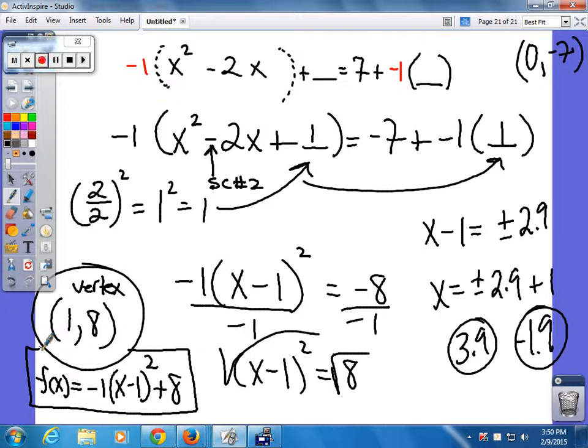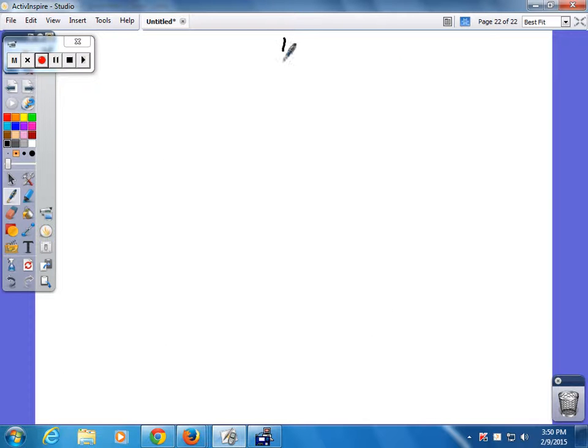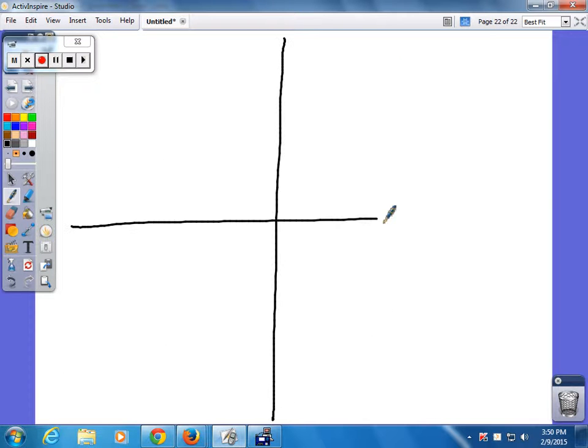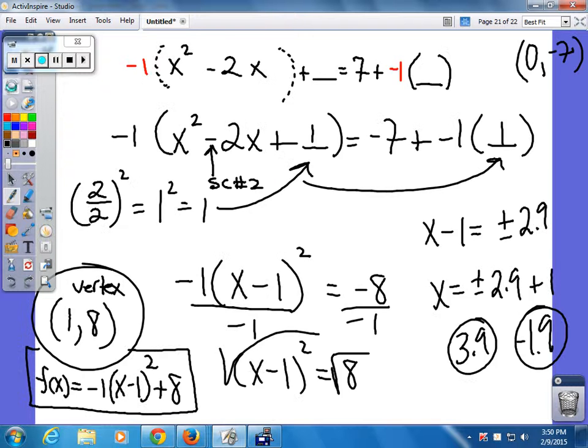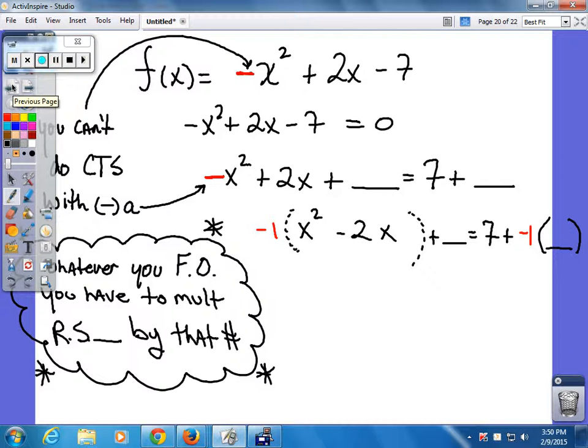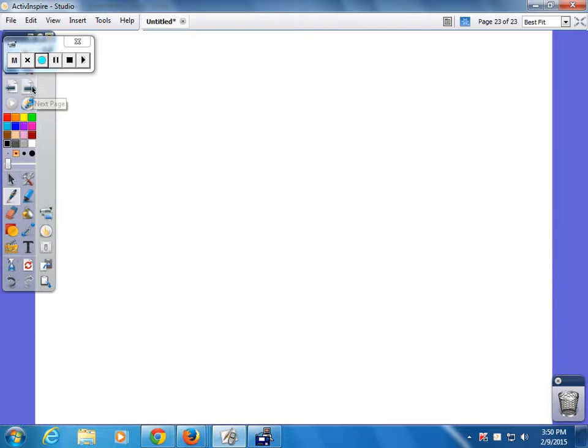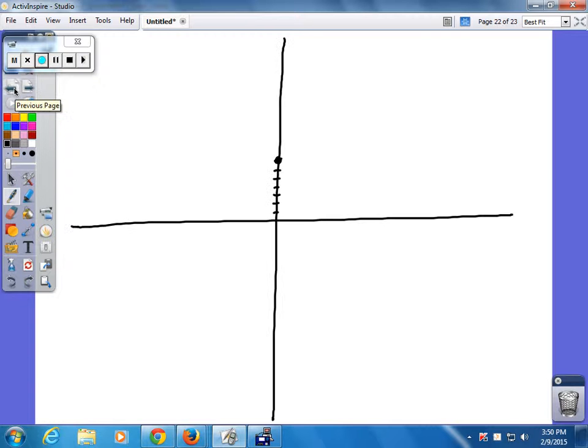Y'all have to tell me everything because I'm not going to write all that down. Our y-intercept is 0, what? Oh, negative 7. 0, negative 7. There it is. So it's negative 7.